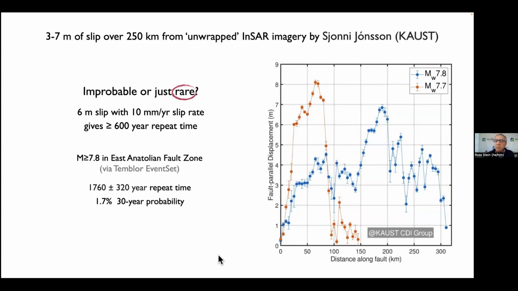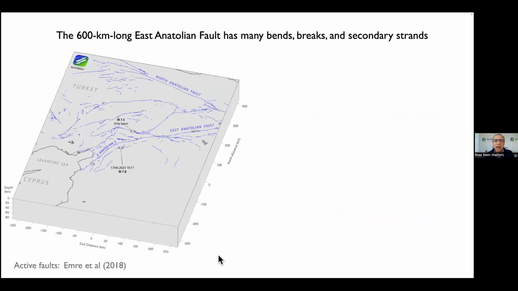Okay, with these better slip models, let's analyze the interaction in a more, perhaps deeper way. Still simple-minded, still elastic, but deeper. So here are the two main shocks and the faults. And the first thing that strikes you about this is neither of these earthquakes struck on the East Anatolian Fault.